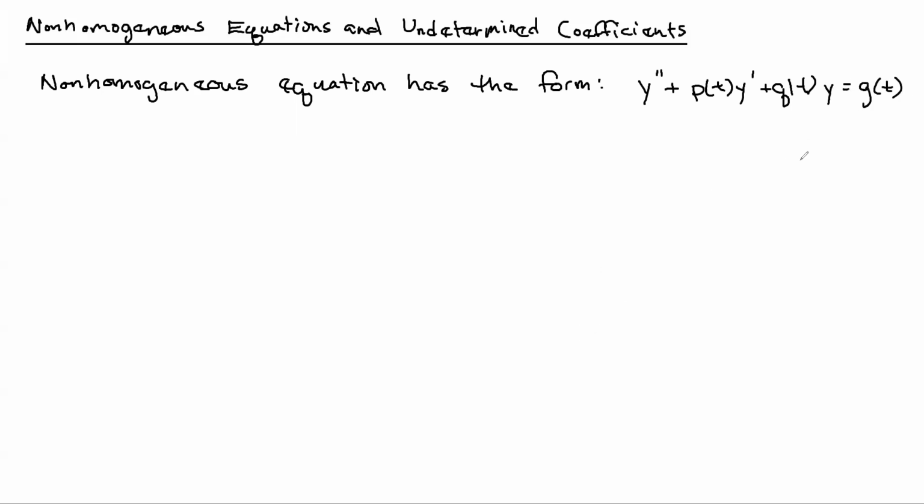In previous videos, we've solved homogeneous equations. Homogeneous equations have a similar form, except they have a zero on the other side of the equal sign. Non-homogeneous equations have a g of t instead of a zero, so that makes them a little bit more complicated.